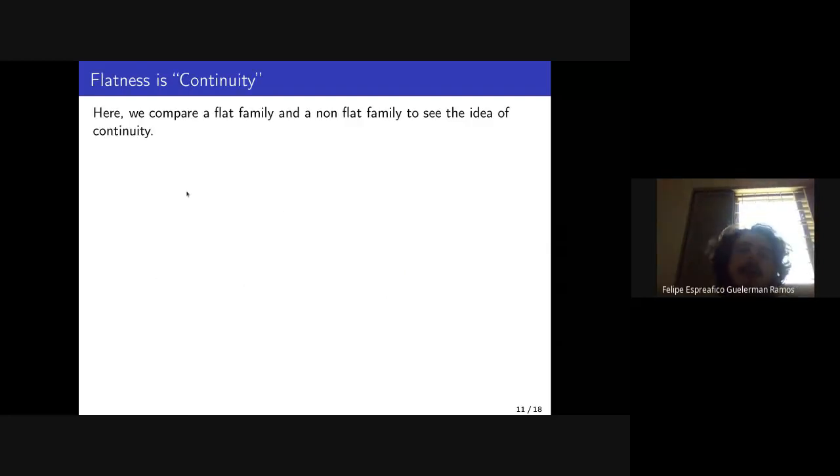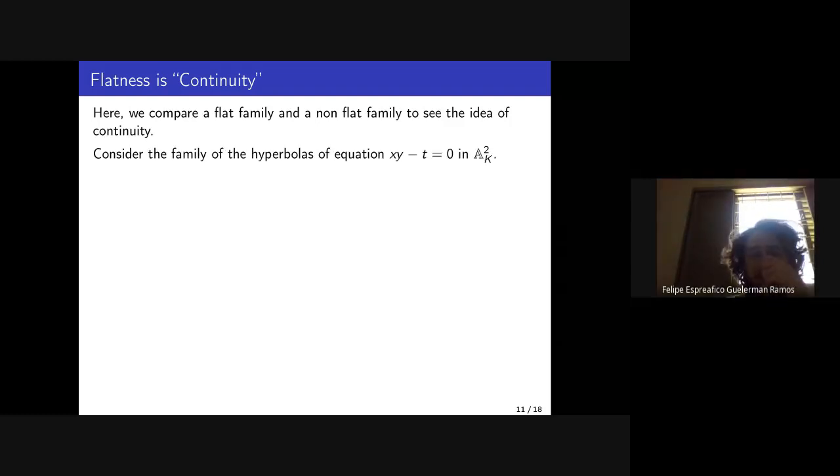And now we are going to see two examples, one of a flat family and one of a non-flat family, to see how it works. First we have the family of hyperbolas of equation xy minus t equals 0.